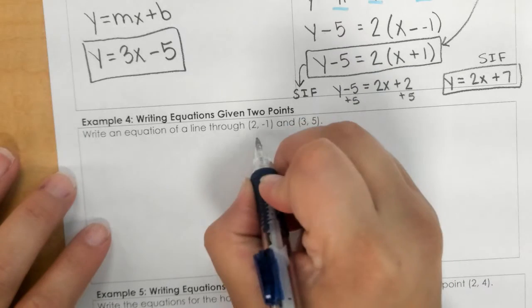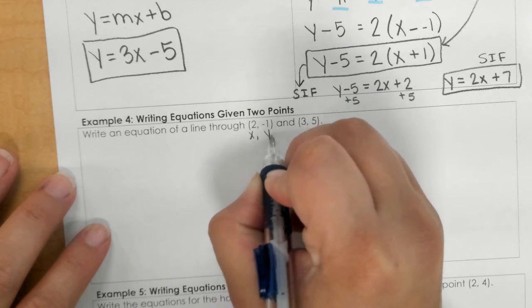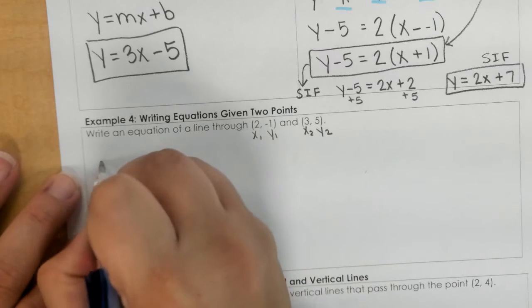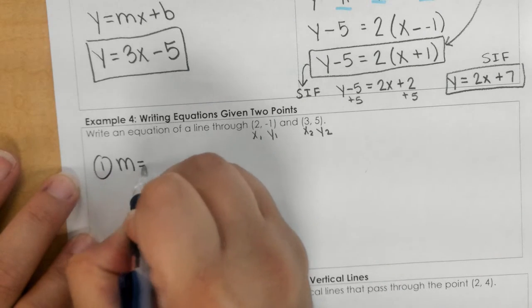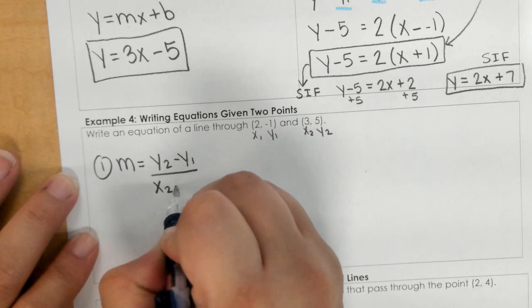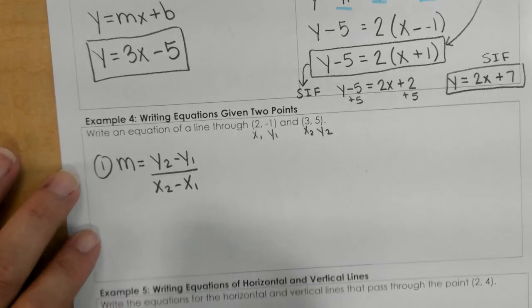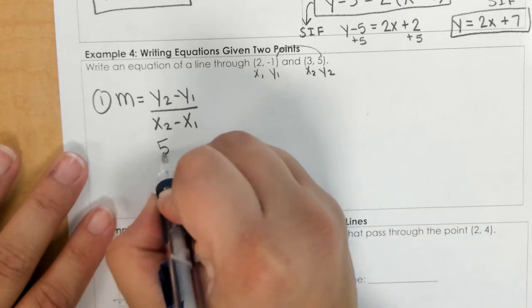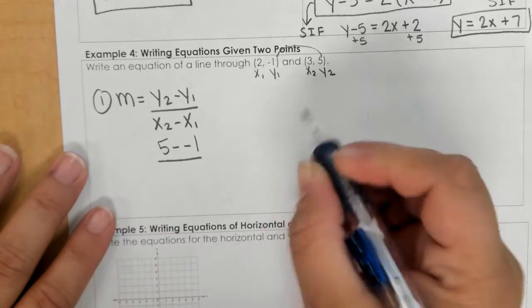So I label my points x1, y1, x2, y2. And I am going to plug that in to this formula. So 5 minus a -1.